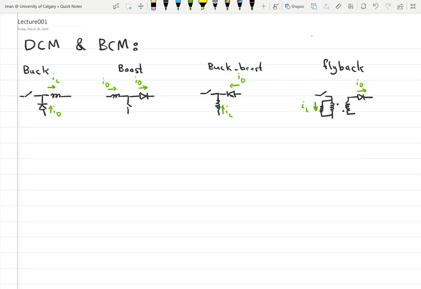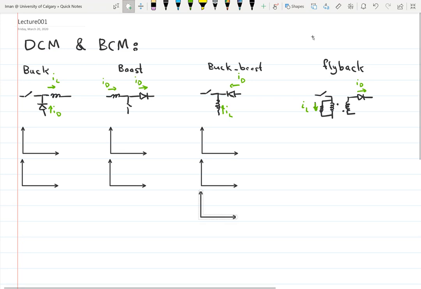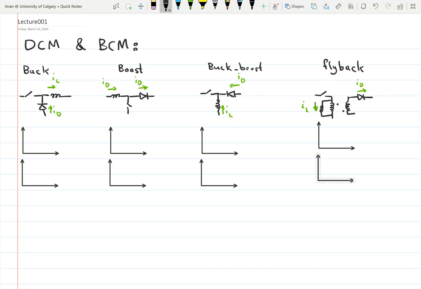Okay, now let's draw some graphs. Let's draw the waveforms.